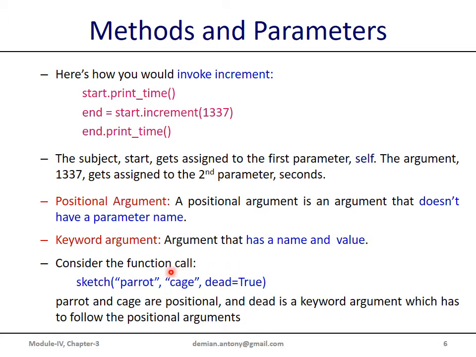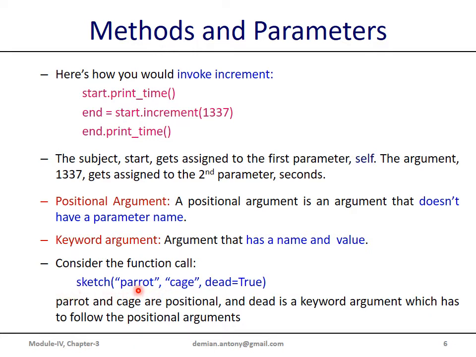Let us understand these two types of arguments with one simple example. Let's consider this function call sketch with first argument, second argument, and a third argument. The first argument and the second argument are positional arguments.